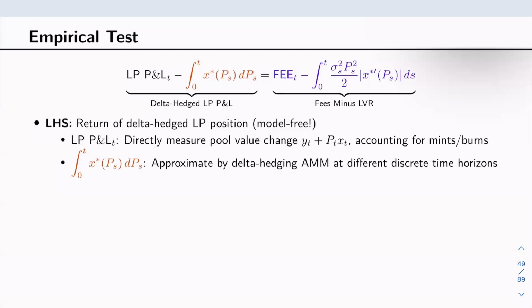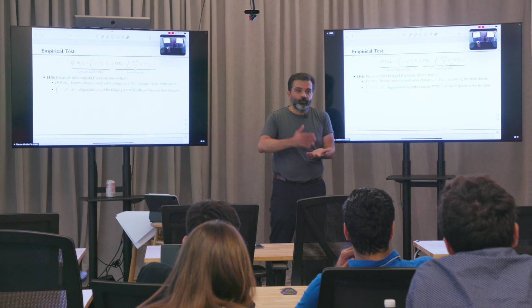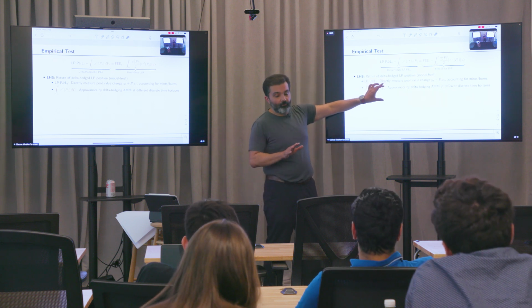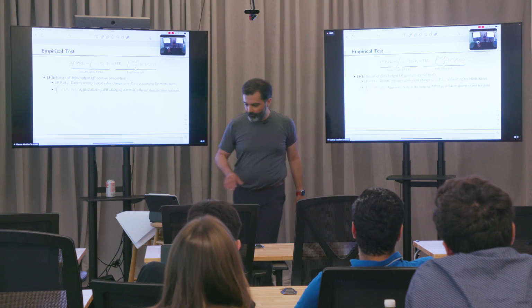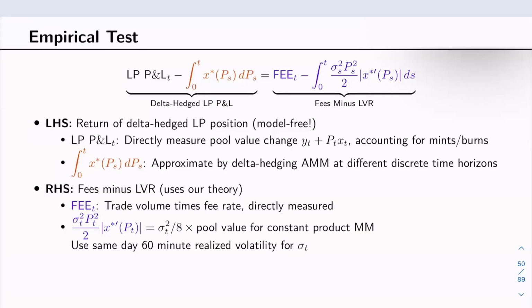The delta hedging P&L, I can imagine. I can't delta hedge in continuous time, but I can imagine discretely delta hedging, like maybe once every minute, once every 5 minutes, once every hour, whatever. And again, I can do that without any kind of model. So the left side is model free. On the right side, I have my fee income. That's also model free. I simply look on chain and see what was paid in terms of fees. And the only place I have a model is that last LVR expression.